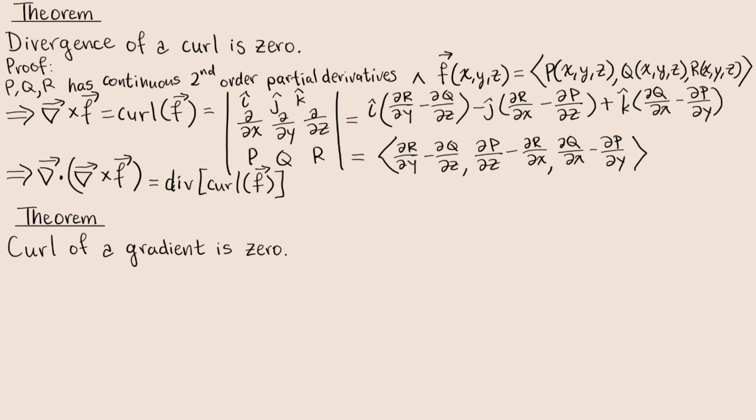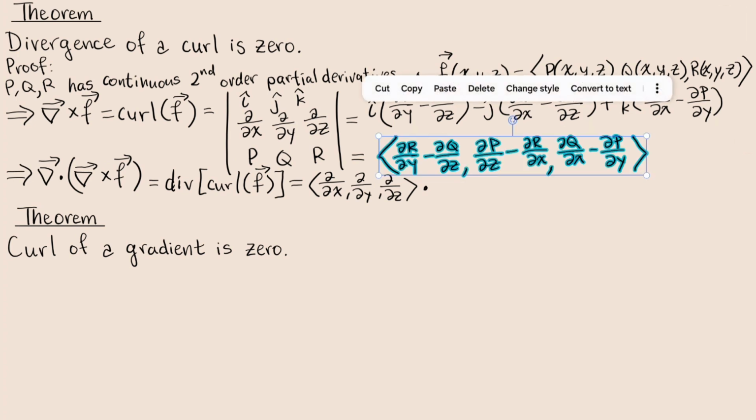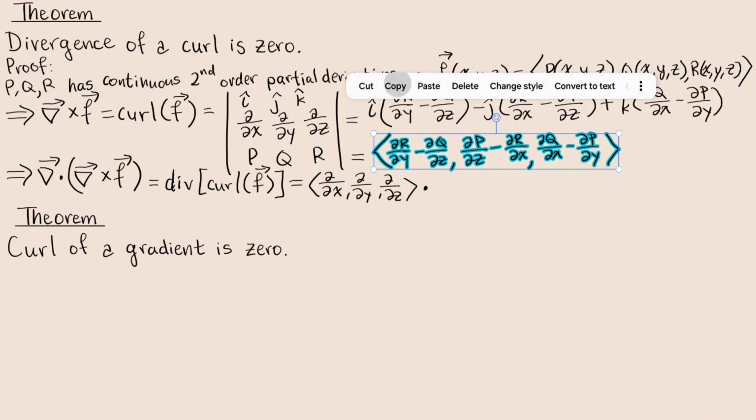So now, I guess I'll write it out fully: partial x, partial y, partial z, and it's going to be dot product with this over here.